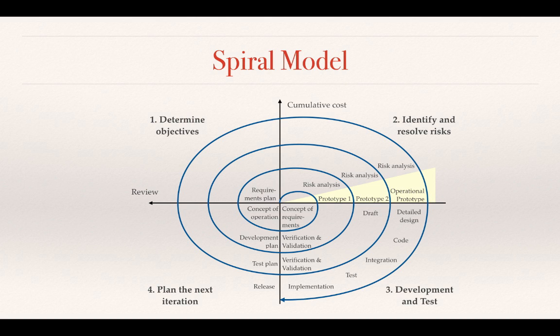The way you deal with it in the spiral model is that in each iteration, once you've identified your risk, you go and talk to the stakeholders about those risks. If the stakeholders, who are customers, clients, users, developers, and anyone else who has a stake in the success of the project, are no longer on board once they understand the risks, then you stop the project.